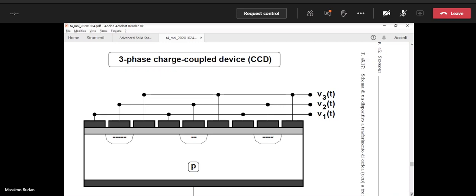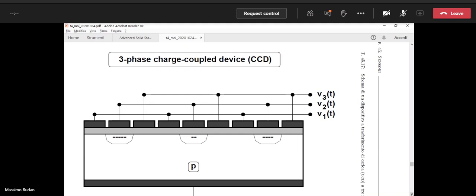The charge coupled device is a subclass of a larger class of devices that are called charge transfer devices, so CTD. So the charge coupled device is a subclass of the charge transfer devices. We shall also examine other types of charge transfer devices.